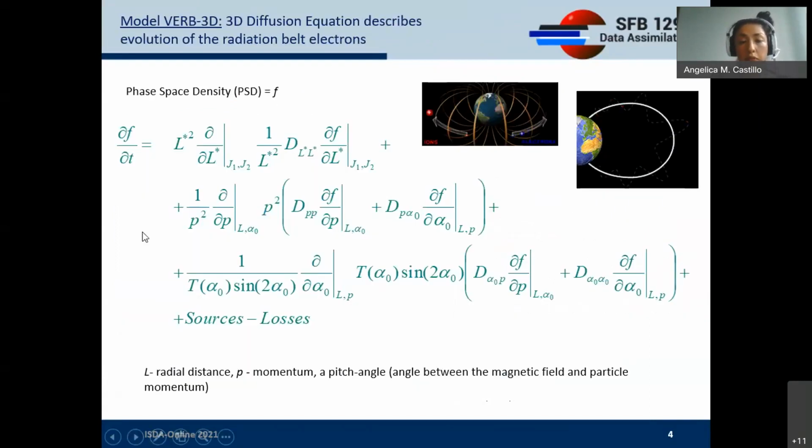Under certain circumstances and assumptions, we can model the electron dynamics in the outer radiation belt by means of a three-dimensional diffusion equation in terms of phase space density, abbreviated as PSD or f. It's usually modeled in terms of radial distance, particle momentum, and particle pitch angle.